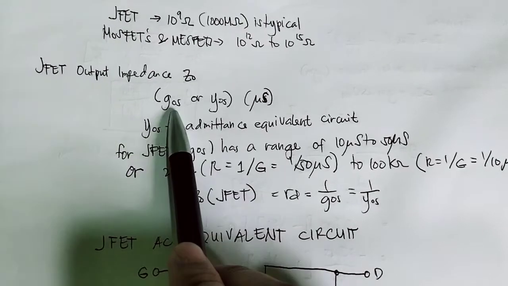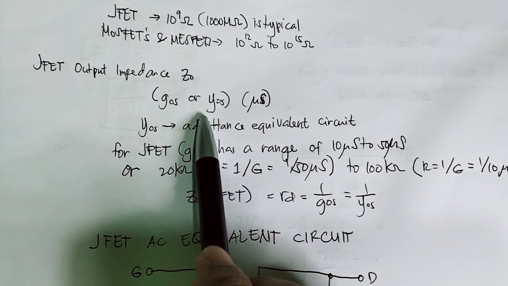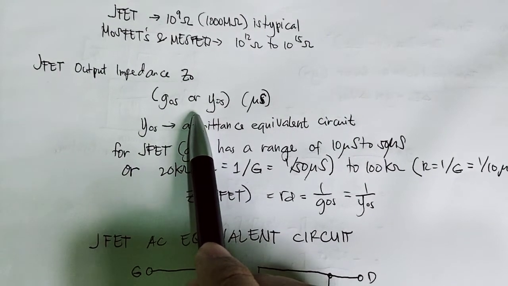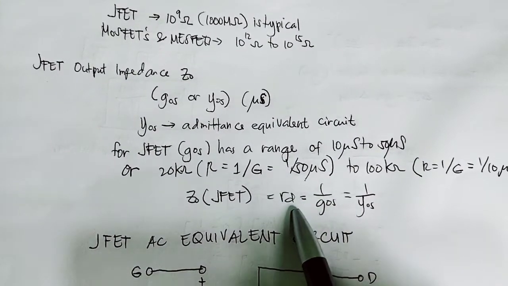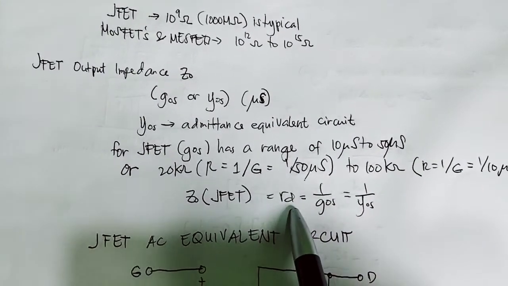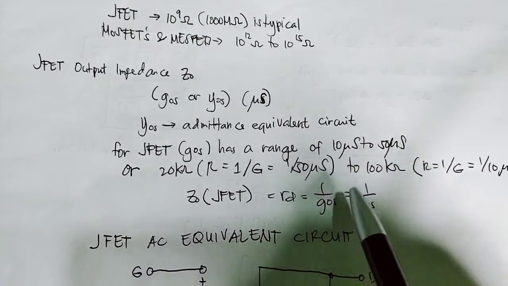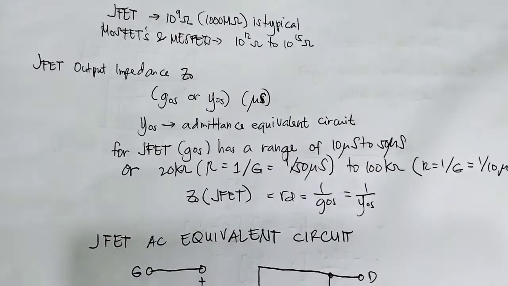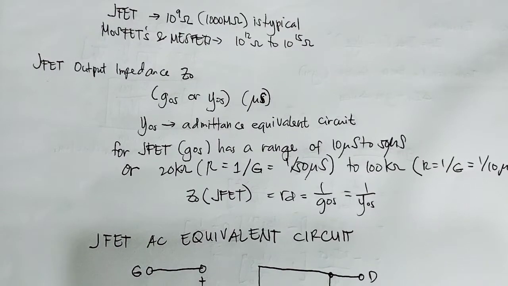If you find g sub os or y sub os in a JFET's data sheet, you just take the reciprocal, and you can find the r sub d, the internal resistance of the JFET, or the output impedance.